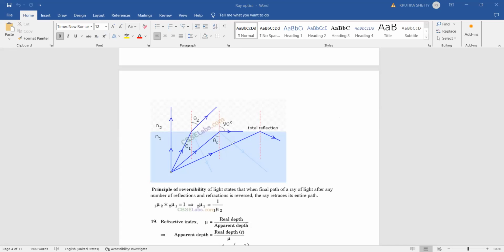See here, you can observe this. Below, what you are seeing in blue shade, consider that as water. Whatever is above, you consider it as air. Here in the water you are keeping one object. Compared to water and air, which is the rarer medium and which is the denser medium? Water is the denser medium and air is the rarer medium.